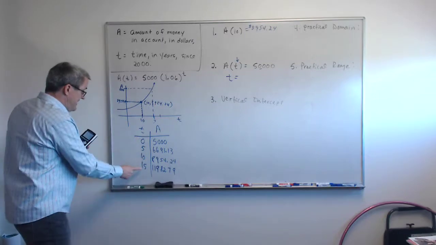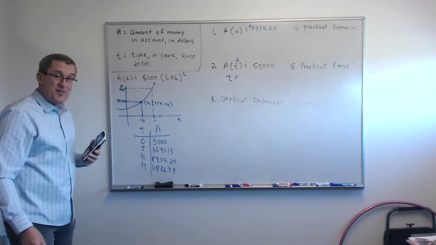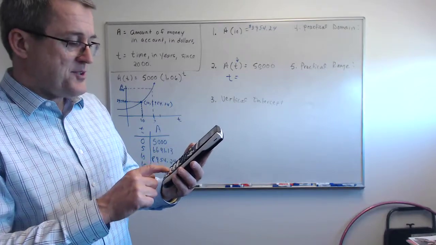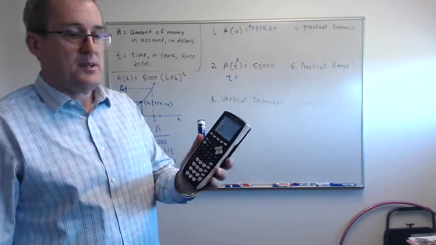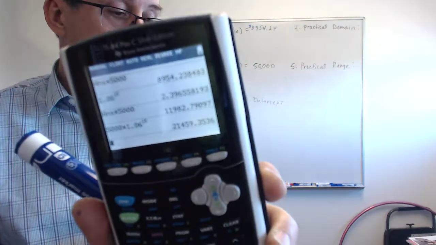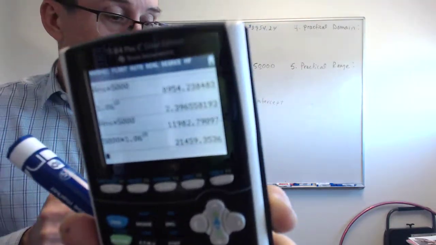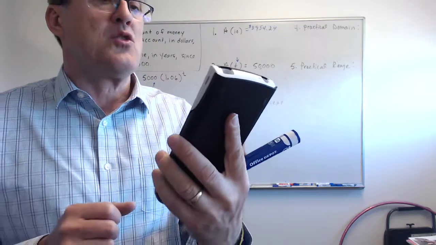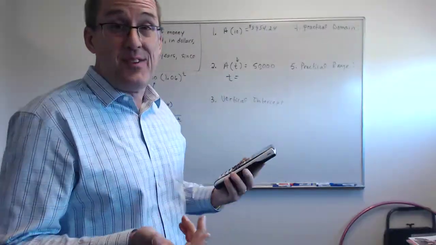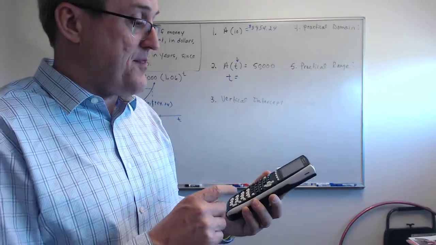Notice it took 15 years to get to almost 12,000. Let's just for fun, let's try 25 years. After 25 years, the amount is about 21,459. I want to feel how long it's going to take to get to 50,000.